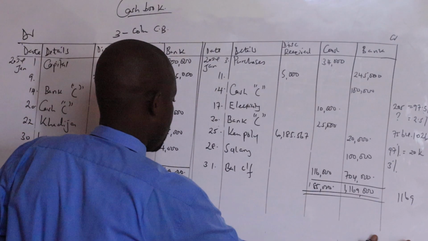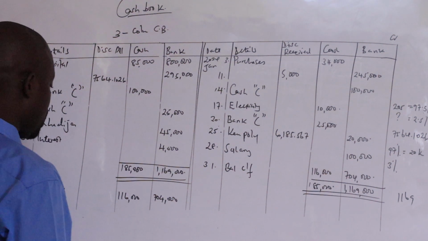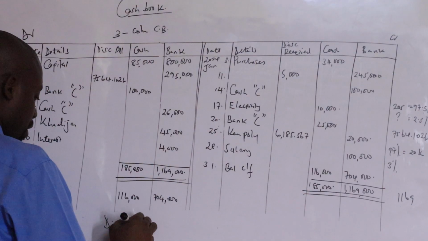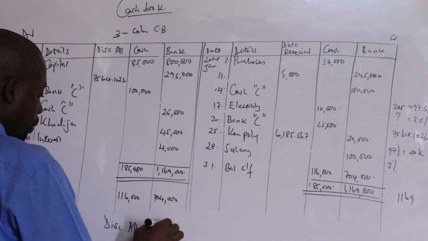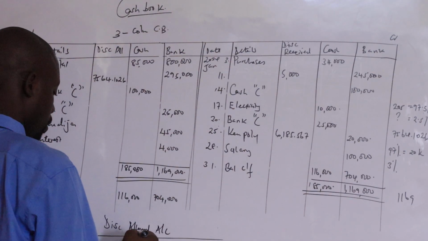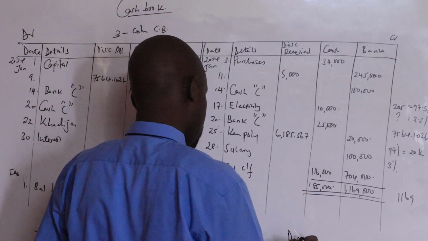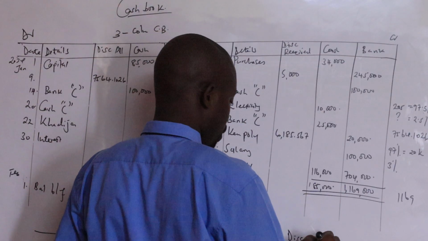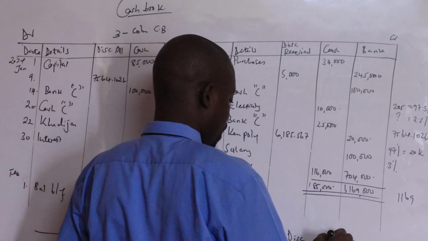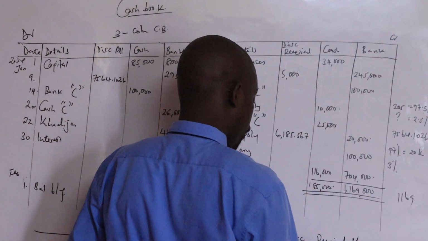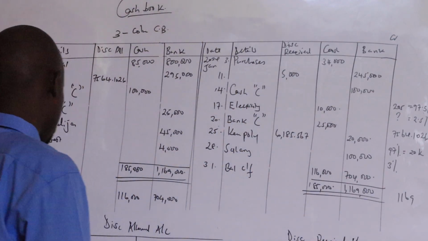So having finished that, now I'll draw the discount allowed account and discount received account. Now, when it comes to reduction of an account, deducting anything from an account is done on the opposite side of where the amount lies.